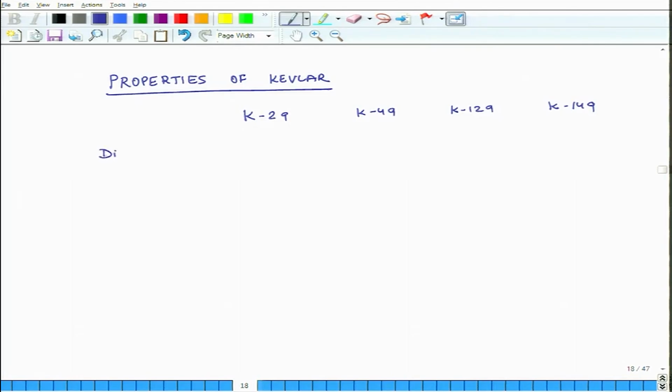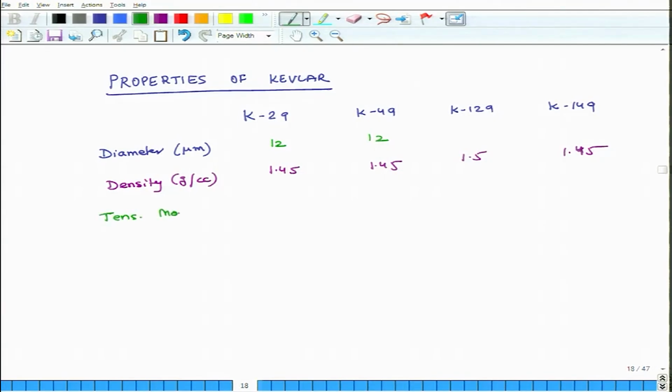Let us look at diameter in microns, 12, density in grams per cc, 1.45, 1.45, so it is not significantly different.